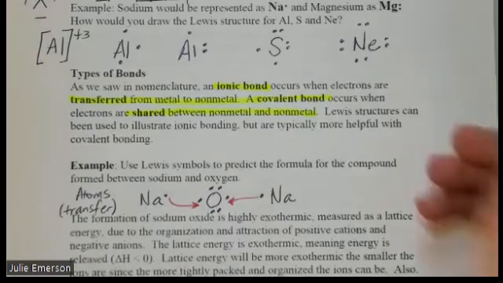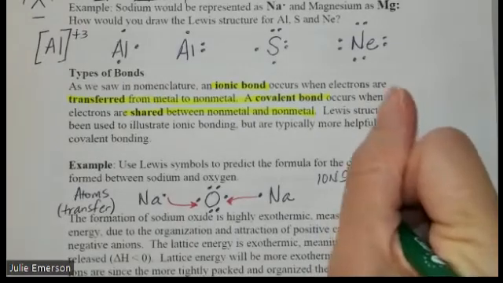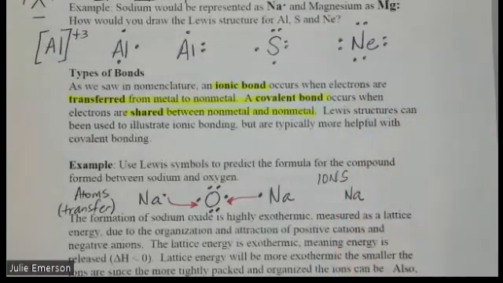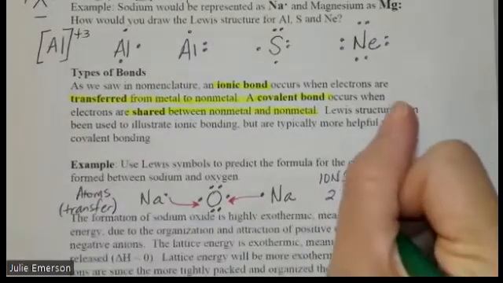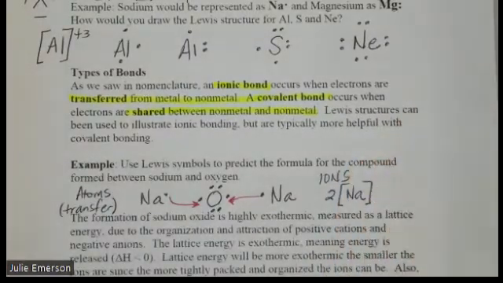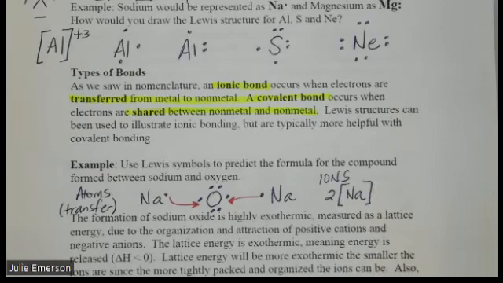And now part 2 is to show what the ions look like. So now sodium, both of them, there are 2 of them, they've both released their valence electron. And so they don't have any electrons in their valence shell. And so we show that the outer shell, which used to have an electron in it, is now empty.